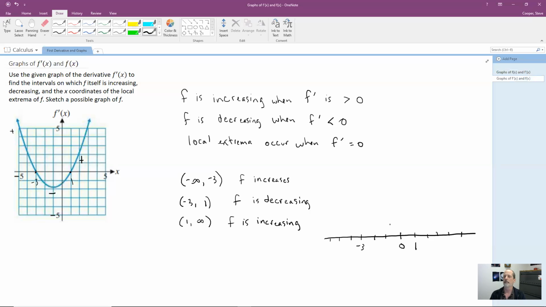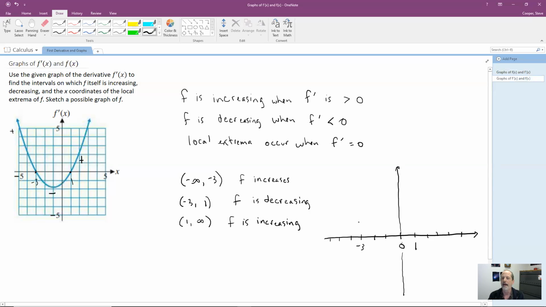Okay, so I don't really have to worry much about what's going on the y-axis. I don't really know much about that. But I do know that from -infinity to -3, we have increasing behavior for f.